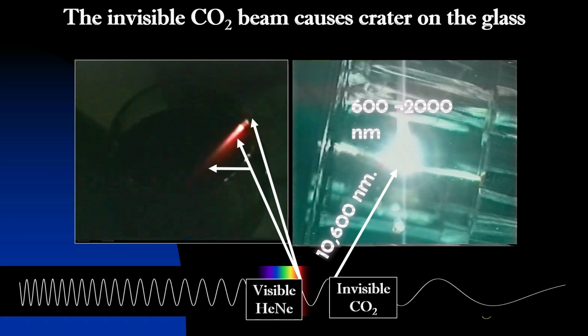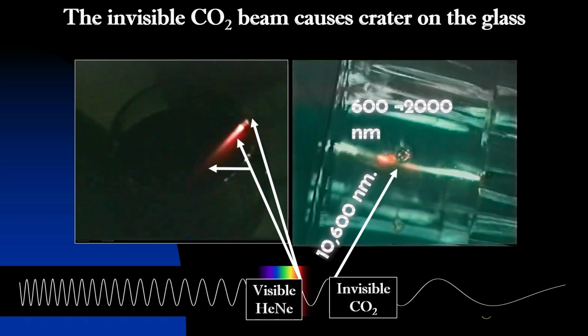The CO2 laser therefore interacts with the silica in the glass, heats it, and vaporizes it, creating a crater. The Heine beam thus serves as a guide to the invisible CO2 path without interacting with the glass.